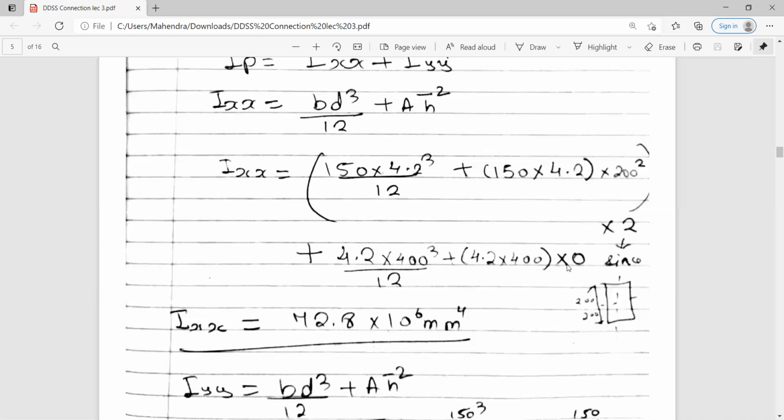XX axis से consider कर रहे हो, इसलिए H1 आएगा क्या? No. There will be no H1 as you are going to consider it from the XX axis, as you are going to calculate IXX. So H1 will be here 0. And after calculating आपको moment of inertia about x axis मिलता है 72.8 into 10 raised to power 6 mm raised to the power 4.